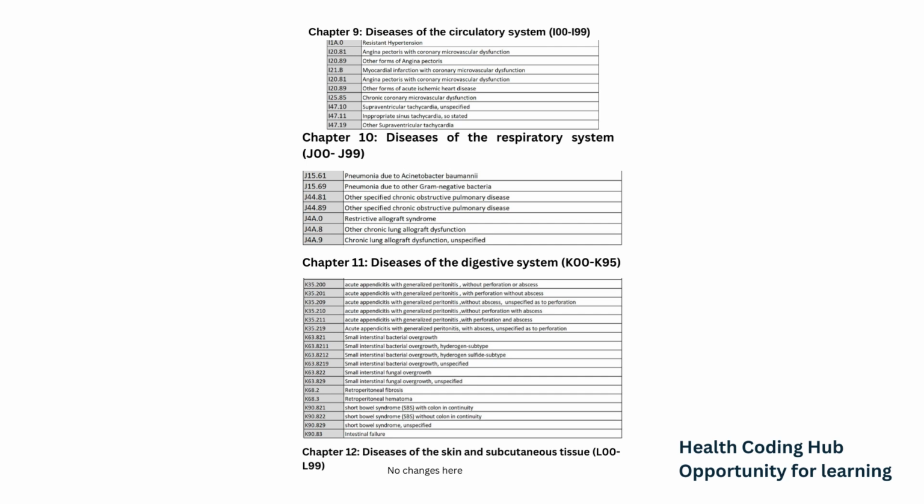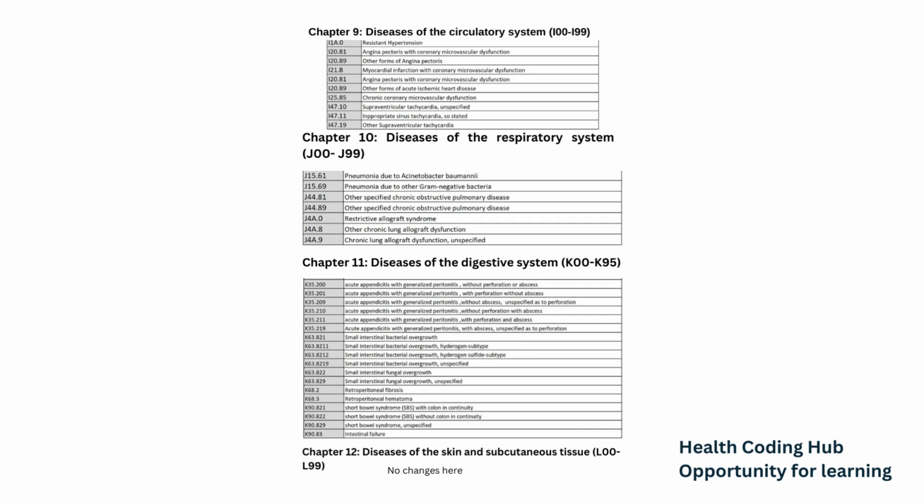One of the modifications is the code title for inappropriate sinus tachycardia, which is now I47.11, with the added statement "so stated." To keep up with these changes, it is important to update all quick pick lists and super bills.